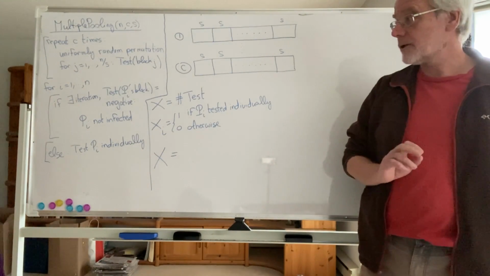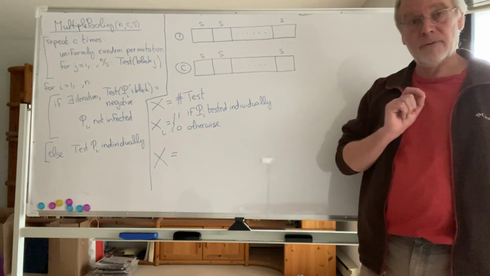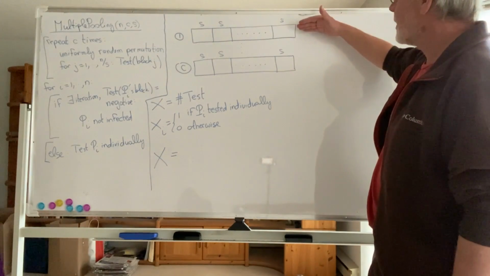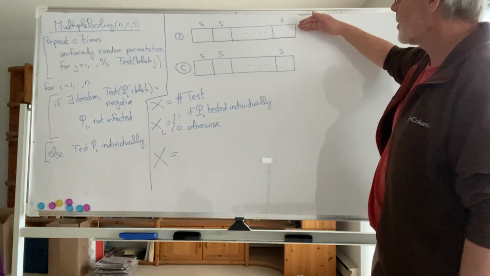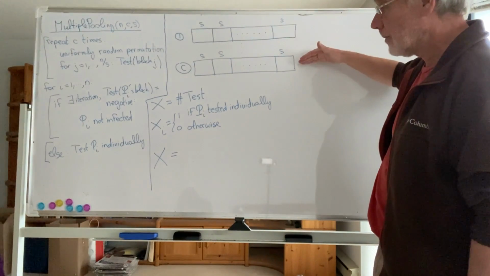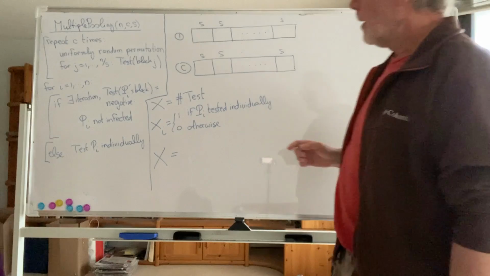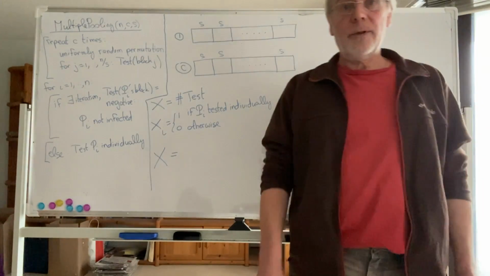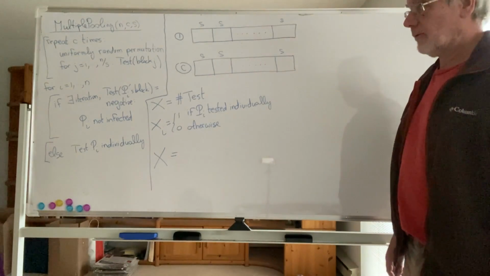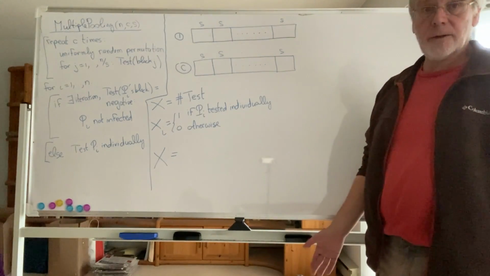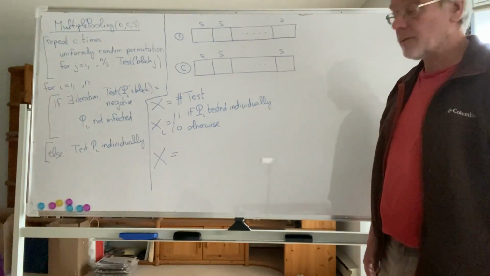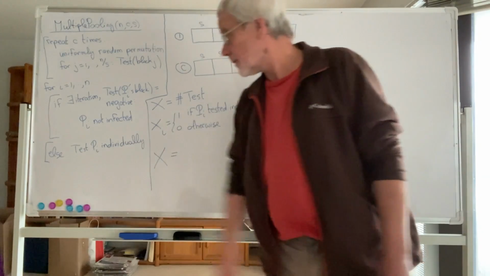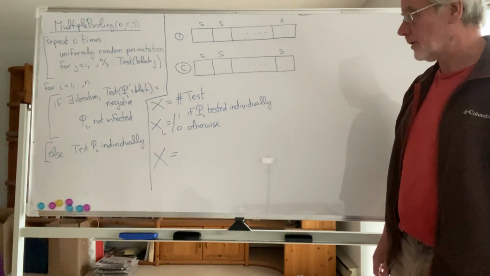Then we know person I has not been infected. P sub I is healthy. Otherwise, that means every time we do this, for the first permutation, the second, the last one, every time the test on the block where P sub I is returns positive. In that case, we are not sure yet. Maybe P sub I has been infected, maybe not. So then we do the naive thing. We just test person I individually.